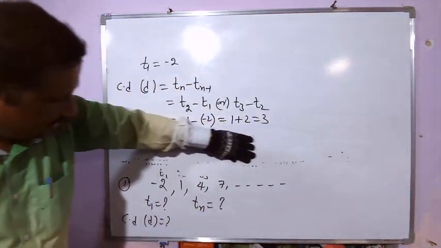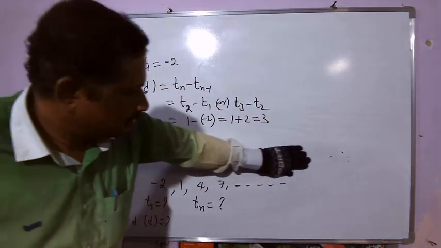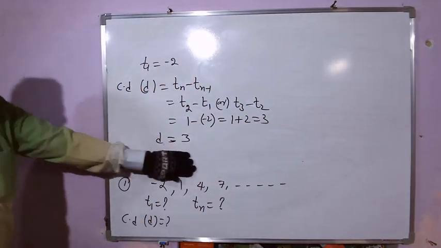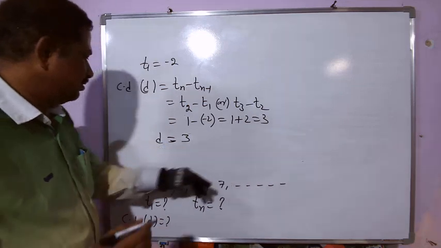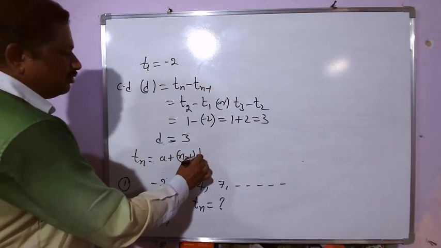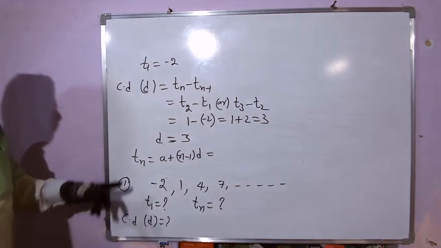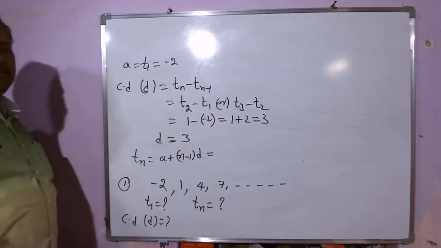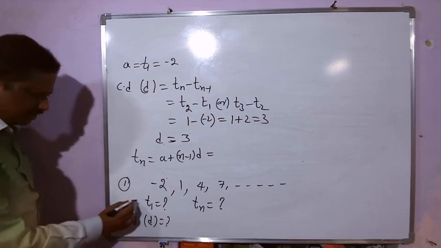How to find the nth term? Carefully see. Tn is equal to a plus n minus 1 into d. First term we have taken as a, T1 or a, both are same.